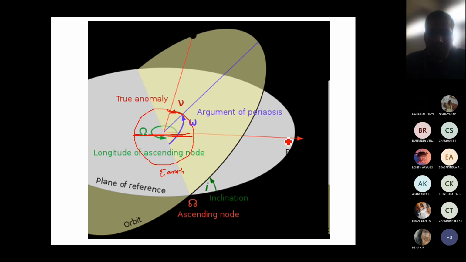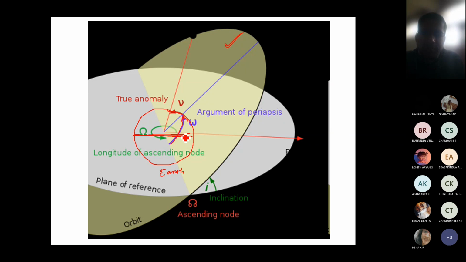If you see the inclination of this plane with the latitude, if the inclination is 0 degrees, then this is called the equatorial plane. Now look at this particular plane. What is the inclination? The inclination is this one, W. W is the inclination, this much.